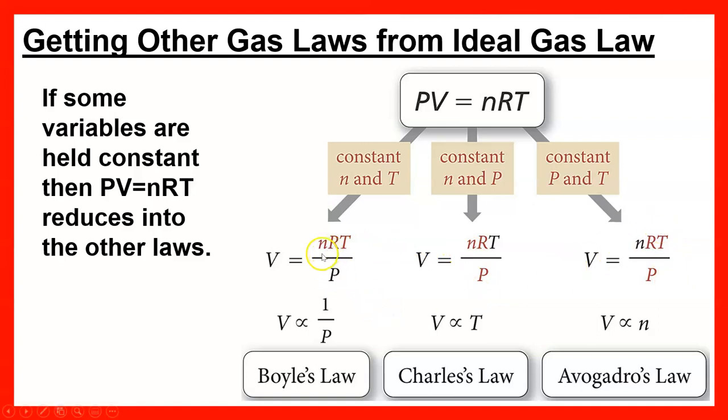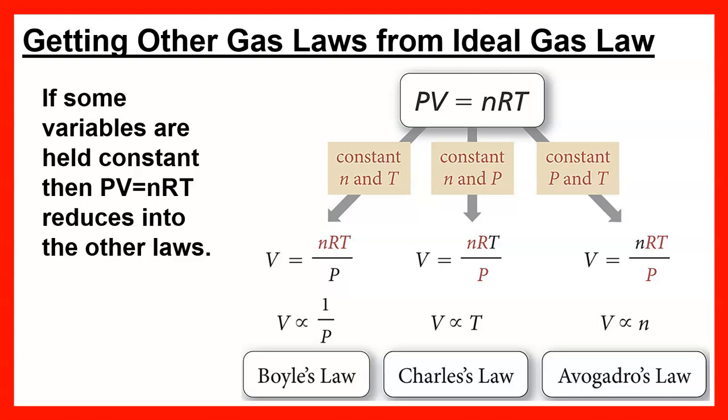So for example, if the number of moles and the temperature don't change, and R never changes, then you're really only talking about volume and pressure, which we give the name Boyle's law. If moles and pressure are the same, you're really just comparing volume and temperature, which is Charles's law. And if your temperature and pressure stay the same, you're really just comparing volume and the number of moles, which is Avogadro's law.